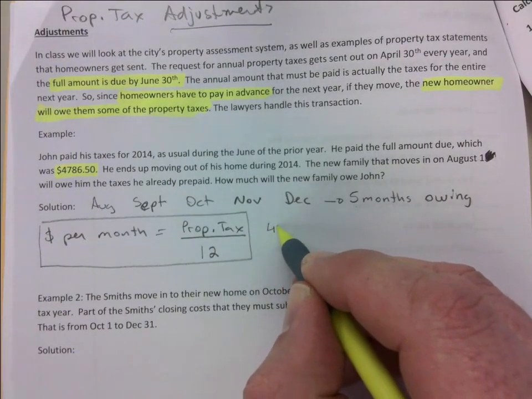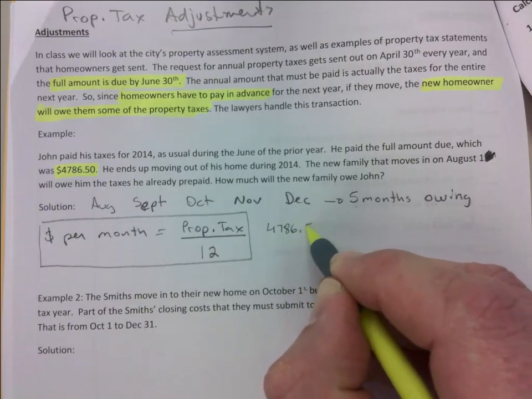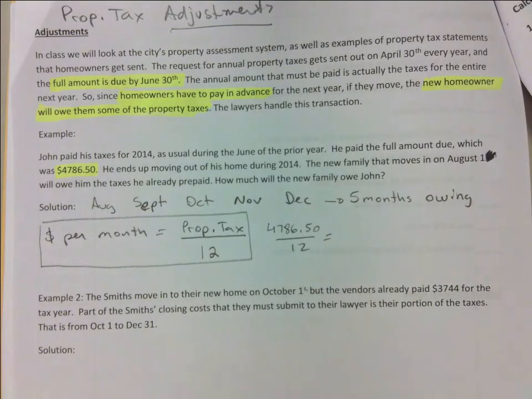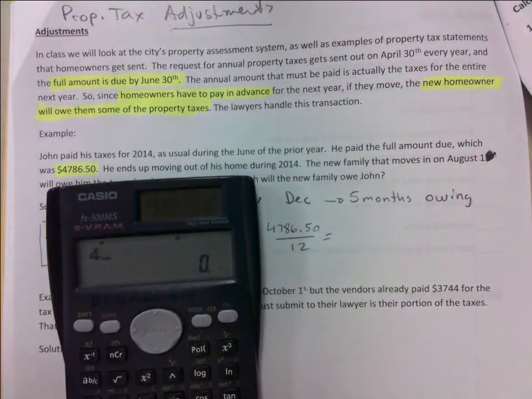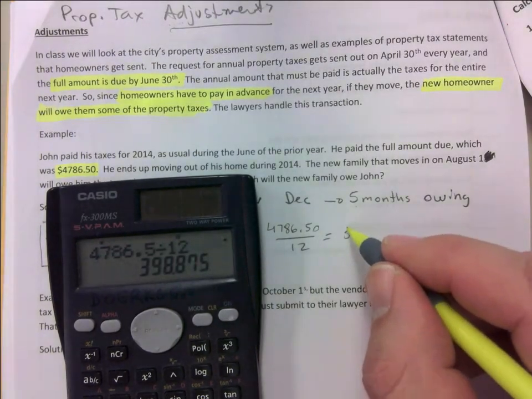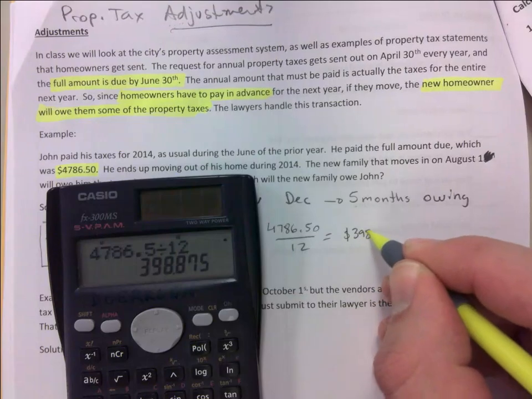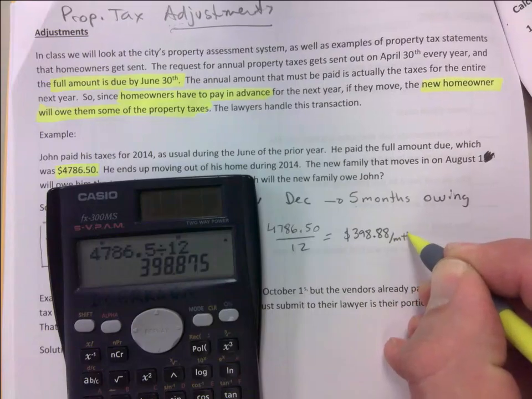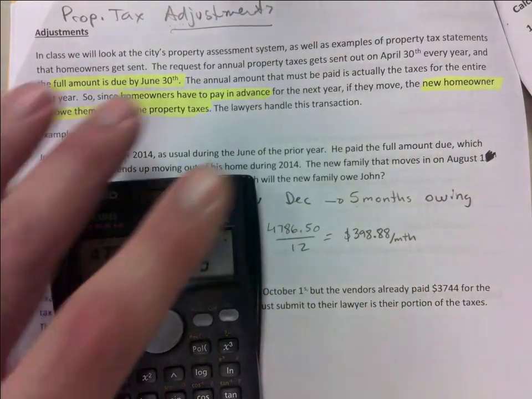So $4,786.50 divided by 12 ends up being $398.88 per month that needs to be repaid.